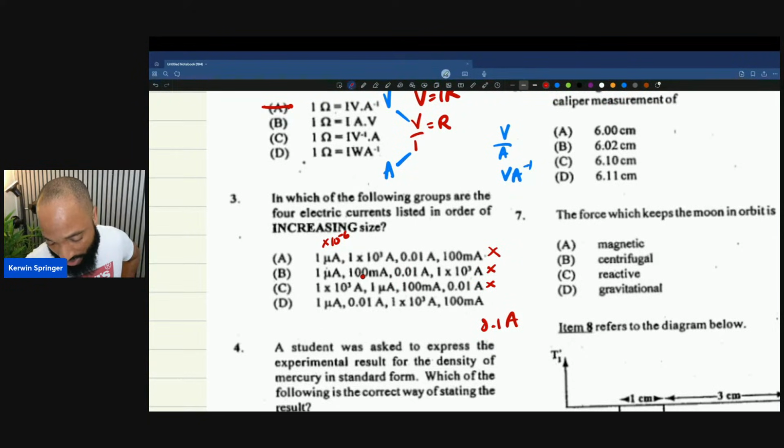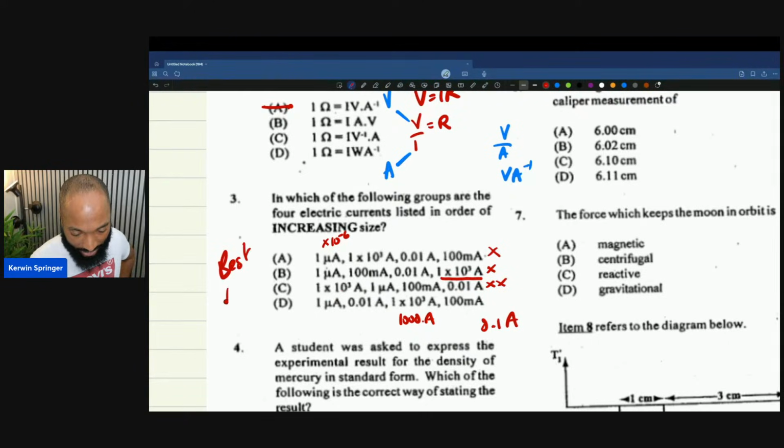This is 100 milliamps. So none of these looking good. This is micro, I know for sure this one is out. Micro 0.01, 1 times 10 to the power of 3 amps. This is 1,000 amps, so this one should be at the end. So the best answer is B.